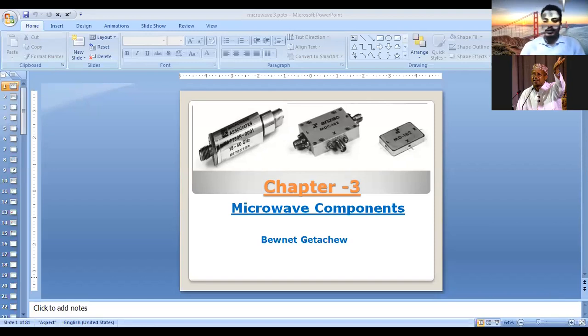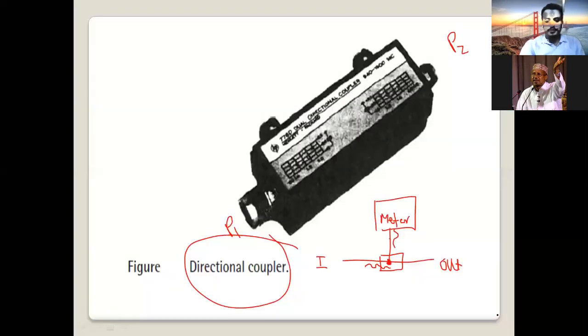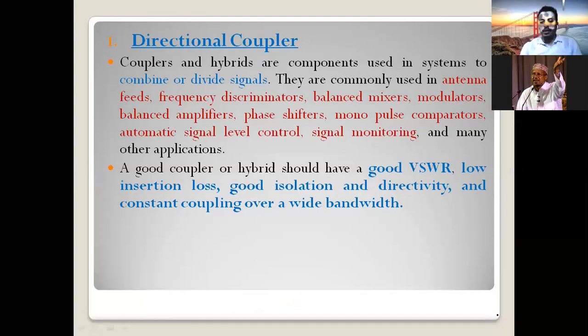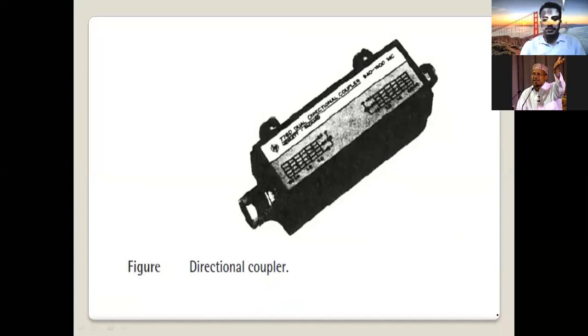So let's continue our discussion on directional coupler. I want you to understand this device nicely. How many ports does a directional coupler have? This device has 4 ports. Port P1 is the input port.